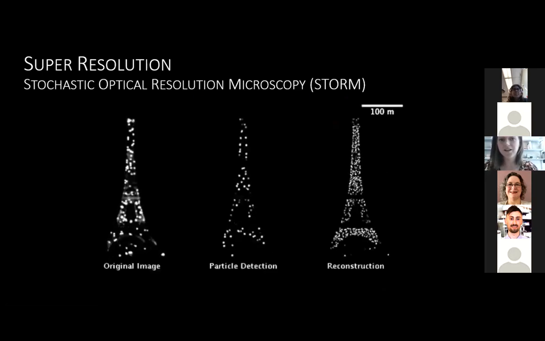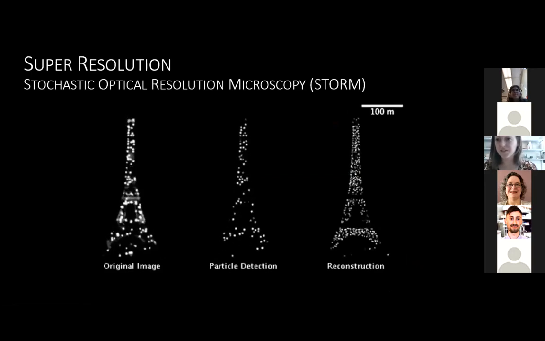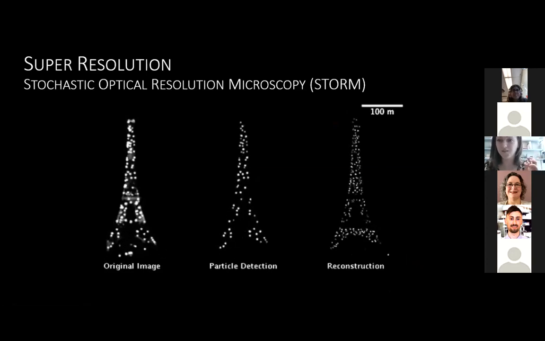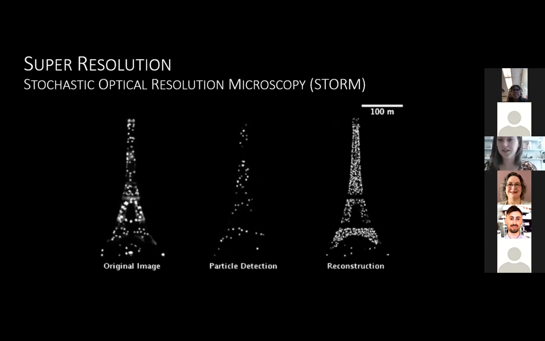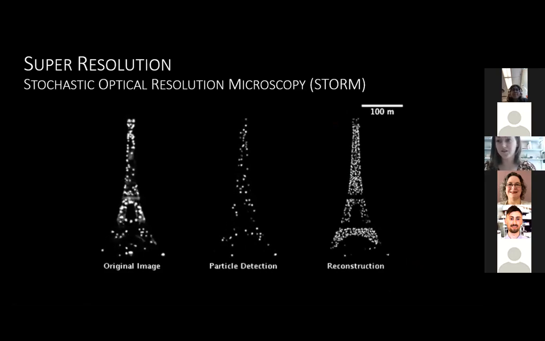And someone actually very creatively represented this using the Eiffel Tower, where they took multiple images at different times to get the blinking lights on the Eiffel Tower, and then they used a particle detection algorithm and overlapped all of those images together to get a fully reconstructed image.